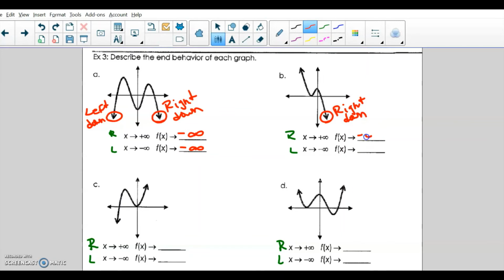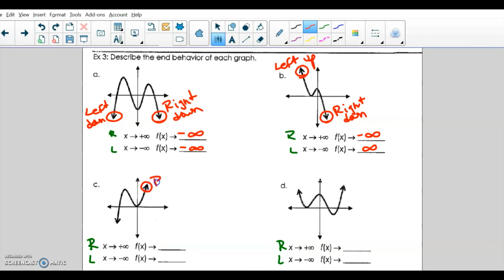So it's going to negative infinity. This is our left side. This is going up. Anything that goes up is going to positive infinity. You can put the positive on there. You don't have to put the positive on there. That's personal choice.